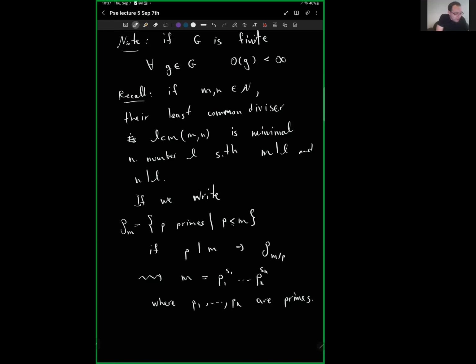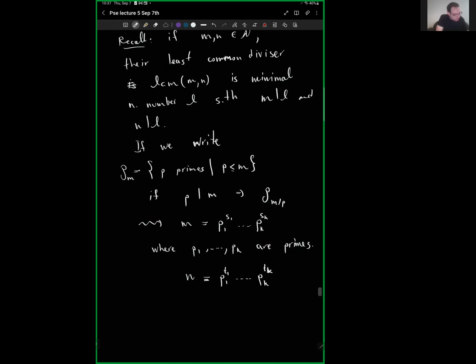But if I have two integers, m and n, I can take the prime decomposition of m and n over the same set of primes. So I write m as p1 to the s1 up to pk to the sk, and n as p1 to the t1 up to pk to the tk, where s_i and t_i are now allowed to be also 0.